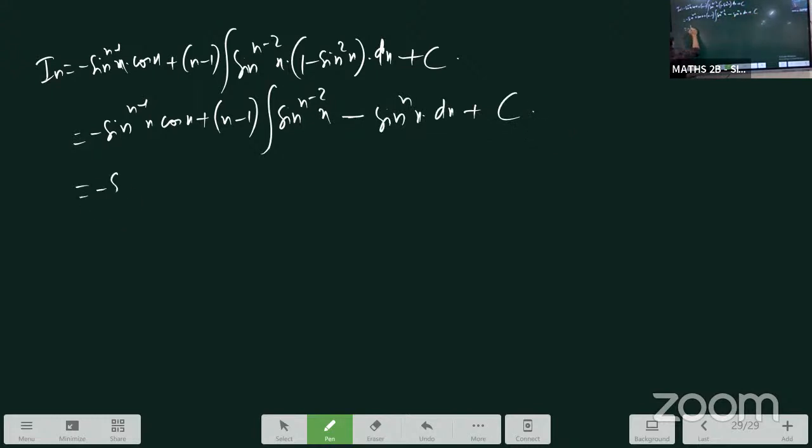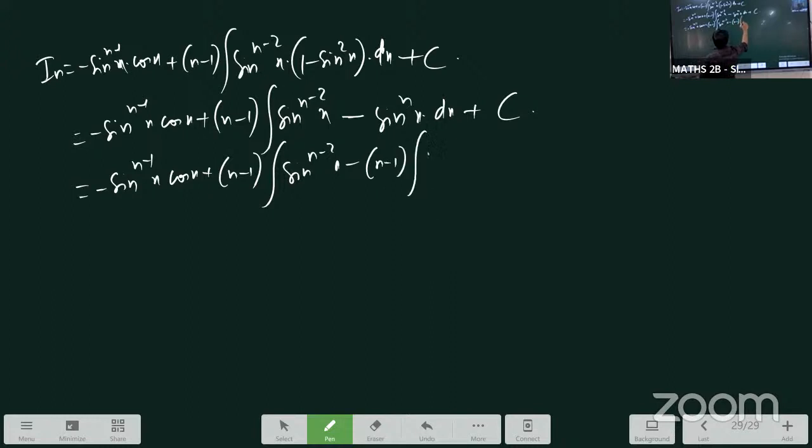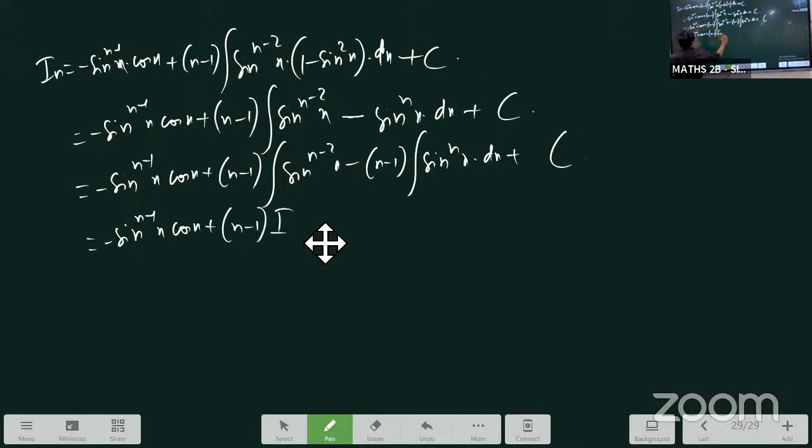Now that is minus sin^(n-1) x cos x plus n minus 1. Separate your integration. Minus n minus 1 integral of sin^n x dx plus c. But according to the n minus 1, this becomes I(n-2), minus n minus 1, this becomes In.